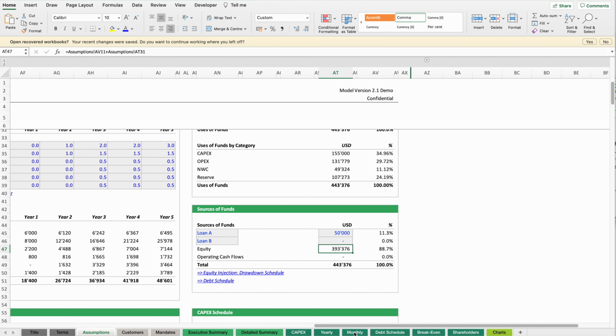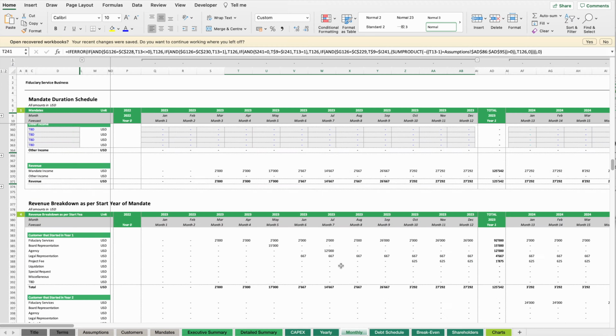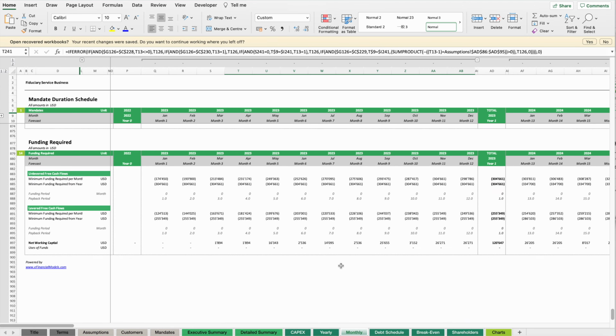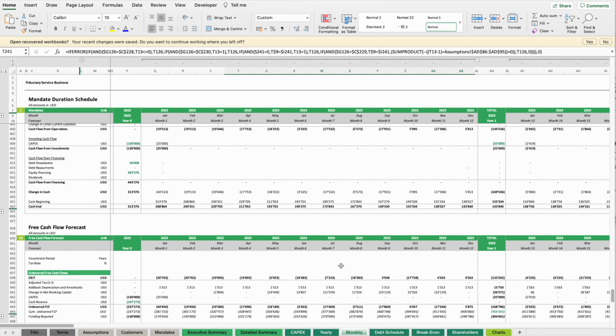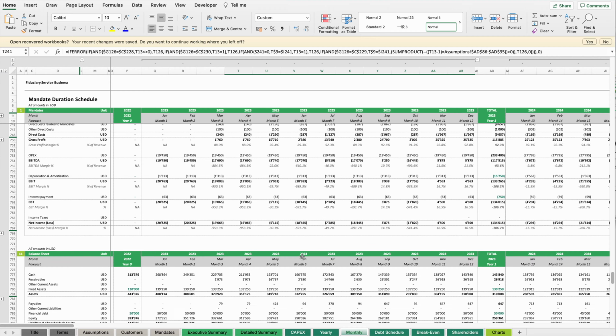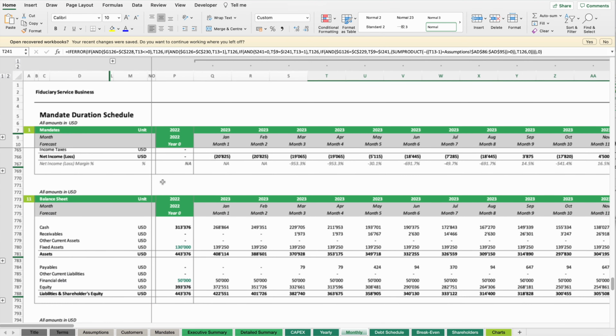And in this case, we will have a detailed monthly schedule, so that we become clear on a month-to-month basis what the profits will be, and also the expected cash position.